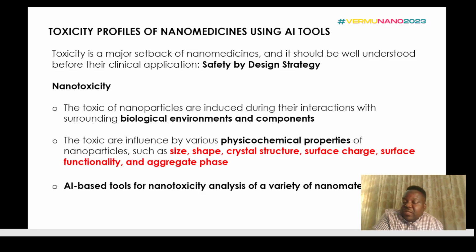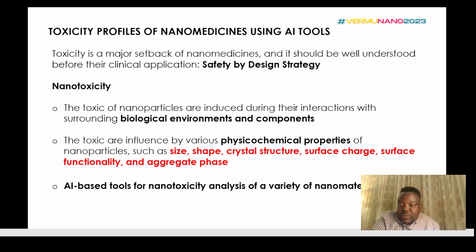What is very important here is that using artificial intelligence in nanomedicine, you are able to predict the safety of the nanomedicine that you'll be formulating in the lab. You can predict the safety part, which is basically part of the safety by design strategy.